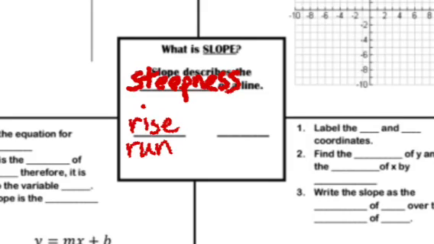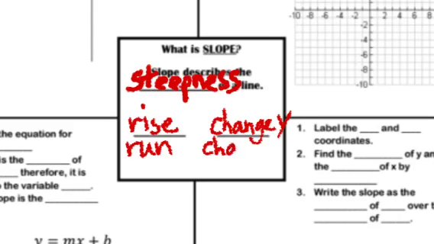Another way, if you think about on the table, is the change in y over the change in x. On our table, our x had always, well, most of the time been changing by 1, so we didn't really look at it too closely. But we're going to see that sometimes it doesn't.